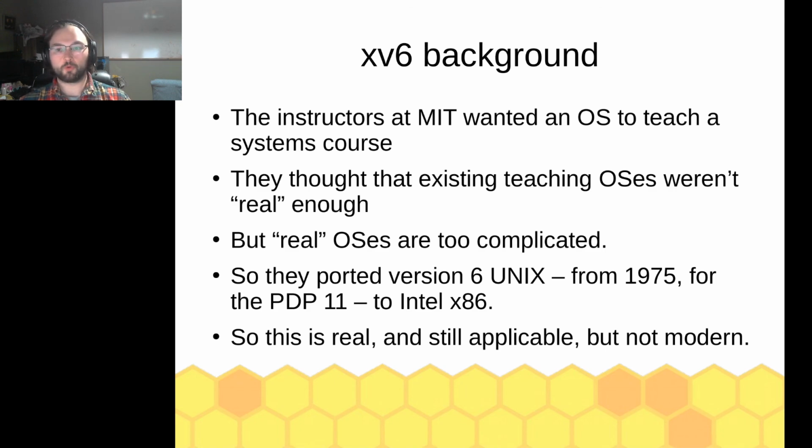So the operating system that we're going to be playing with is real. It's related to real operating systems that we still use today, but the design isn't especially modern, and we'll see some eccentricities of historical programming styles and techniques.